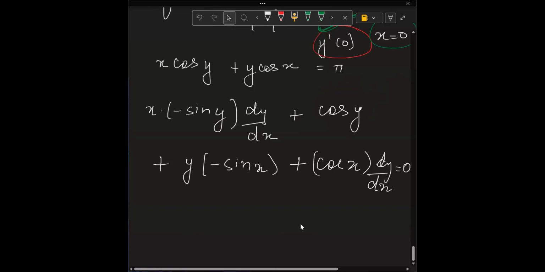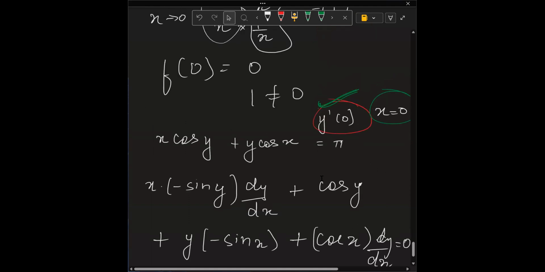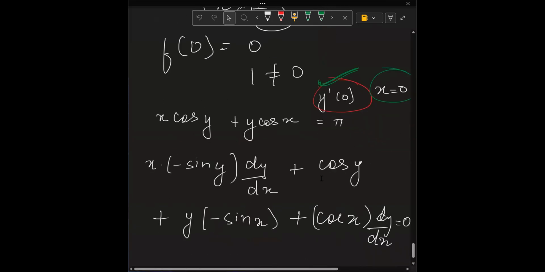So now I can put x equals 0 in this equation. One more thing, you can check what your y value is at x equals 0 using this equation.